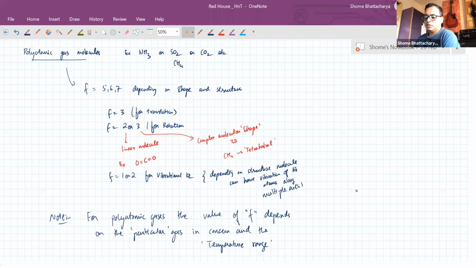We'll mostly be dealing with monoatomic and diatomic gas molecules, for which you will use the standard values of degrees of freedom of 3 and 5. And in case of polyatomic gas molecules arising in any question, the question will give you the value of degrees of freedom that you could take. But as you know, in chemistry, in your thermodynamics, you look at degrees of freedom in more detail.